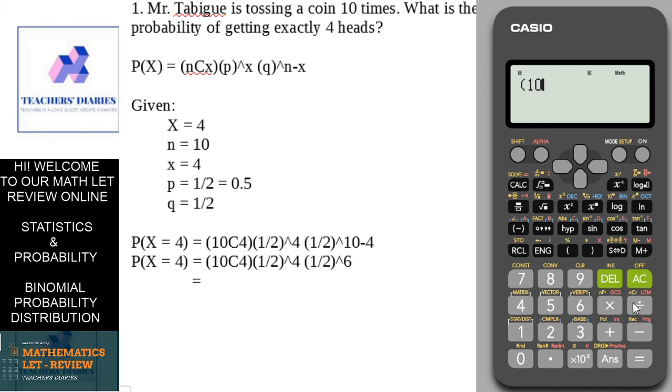Now we click the nCr, it's in yellow. Then we click number 4, then we close, then we open it again, then we get the fraction form here, that would be 1/2. Then close, then power, and we get 4. Then here we get 1/2 again.